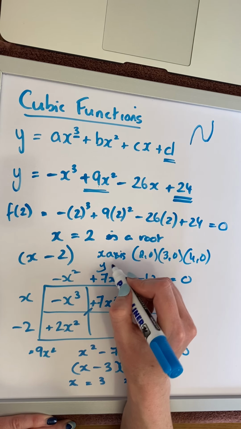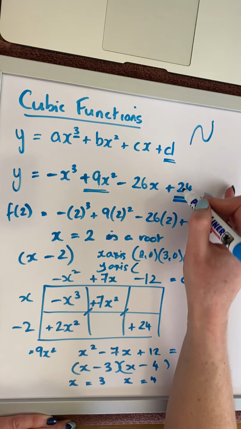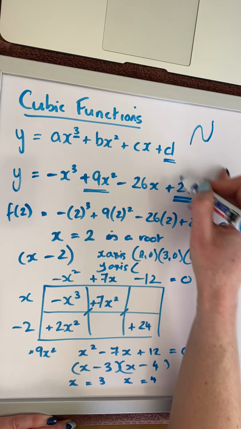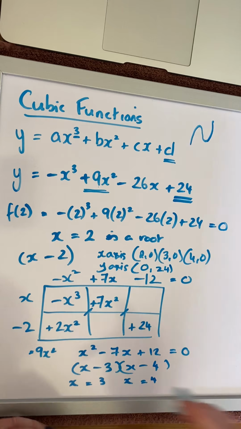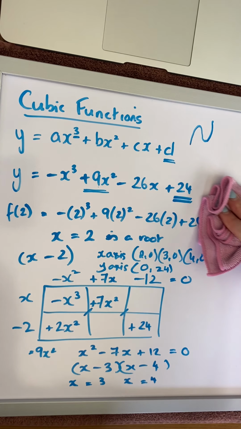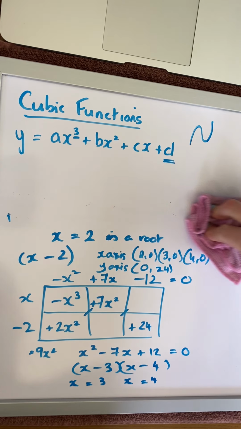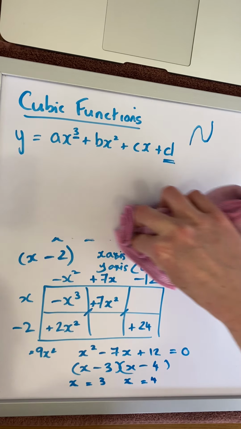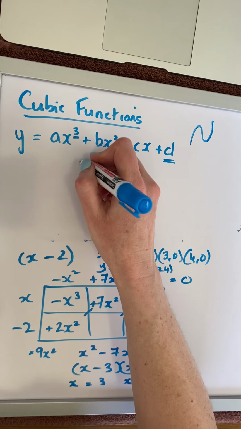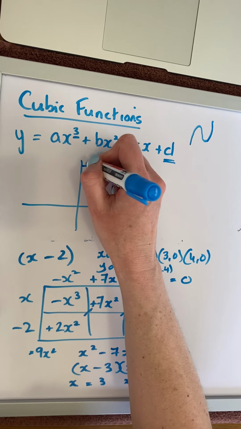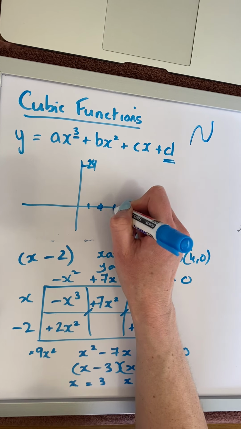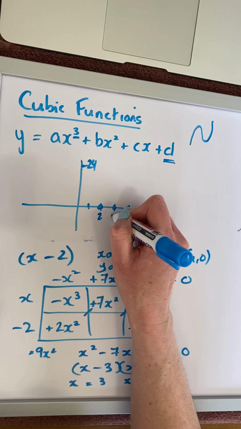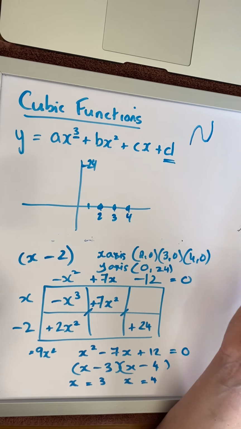If we were then to look at the y-axis, remember the 24 at the end, the d at the end tells us where it crosses the y-axis, and that would be at (0, 24). So bearing that information in mind, if we were to draw a quick sketch of the function, we have 3 points on the x-axis.